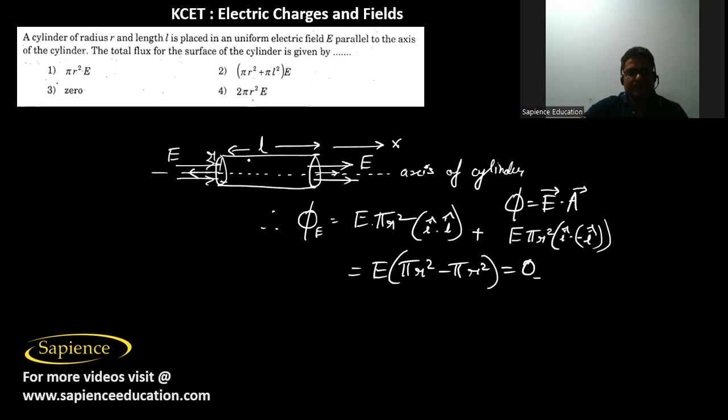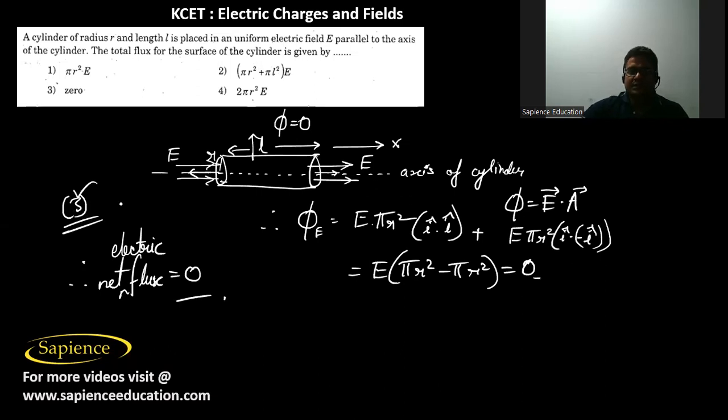And along the curved surface, the area vector is normal to the electric field. Therefore, for the curved surface, the flux will be 0 only. So the net electric flux through the cylinder will be 0. So option 3 is the correct answer.